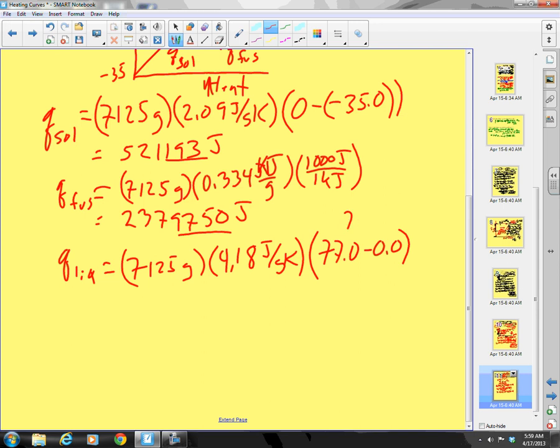I get 77.0 is my delta T. Cool, here we go. So I get 7125 times 4.18 times 77, and woohoo, magic. 2293252.